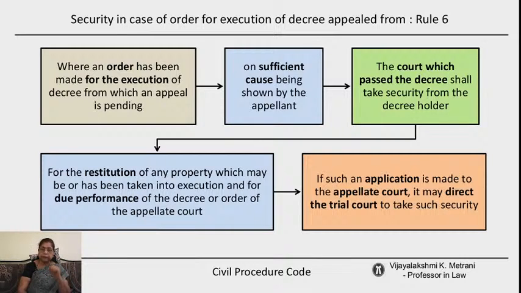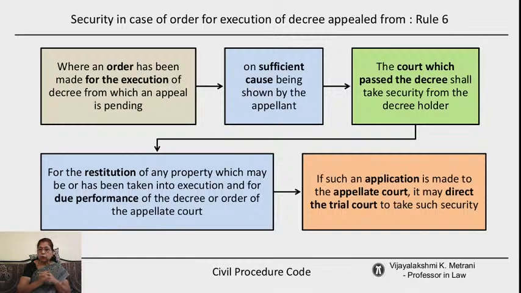Rule 6 says that when an order has been made for the execution of a decree, then the appellant has to show sufficient cause, and after taking security from the decree holder, the court can allow the restitution of any property which has been taken away for execution, or the court may order for due performance of the decree or order of the appellate court.